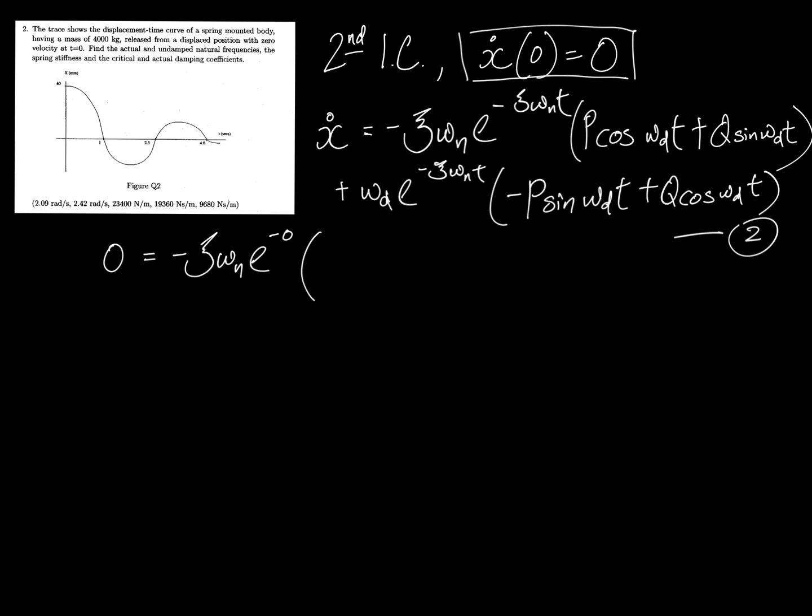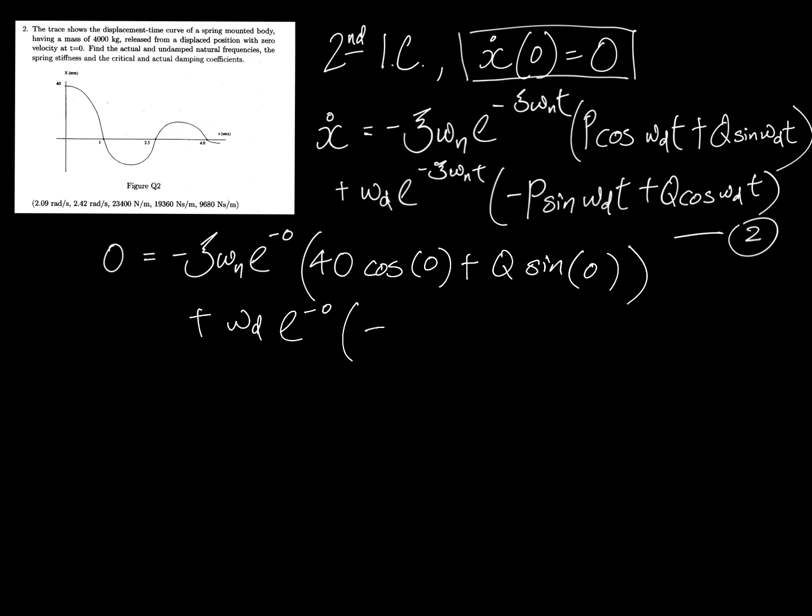Right, we have derived our P, we can insert it here, 40 cosine 0 plus Q sine 0 plus omega d e to the power of 0 minus P, again 40 is substituted, sine 0 plus Q cos 0.